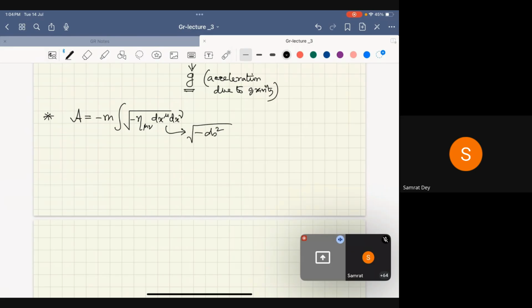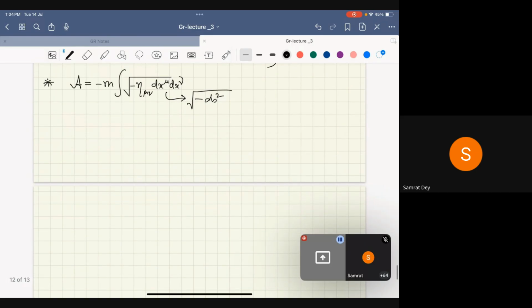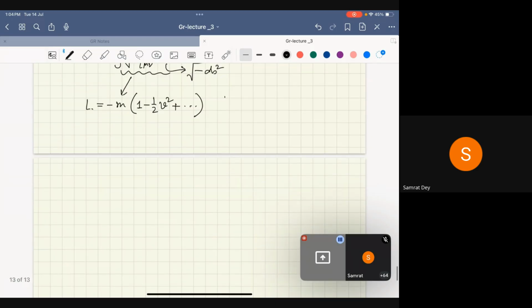We said this is the Lagrangian, and we expanded it in the second or first class. This is for a free non-relativistic particle.